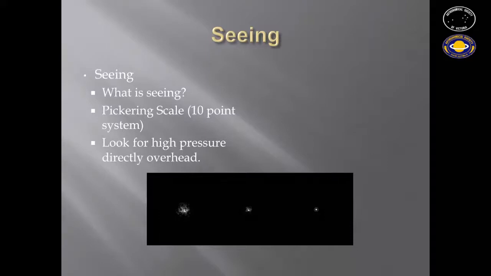The reason behind that is that the jet stream, which usually crosses over Australia quite a lot, will tend to be pushed out of the way by a high pressure column going upwards. It will also mean that there are no localised wind currents that can affect the quality of the seeing.